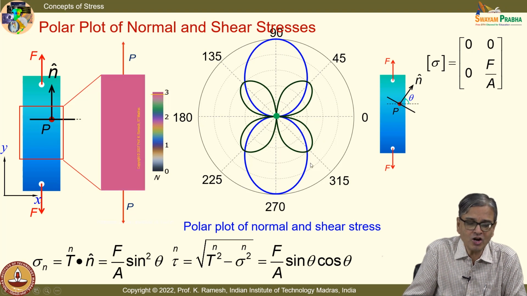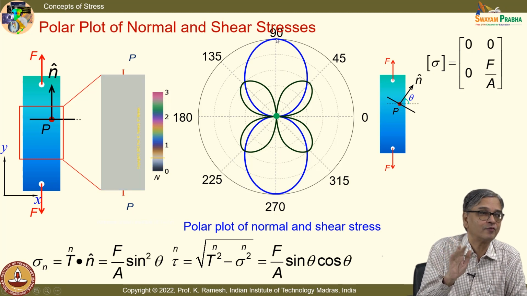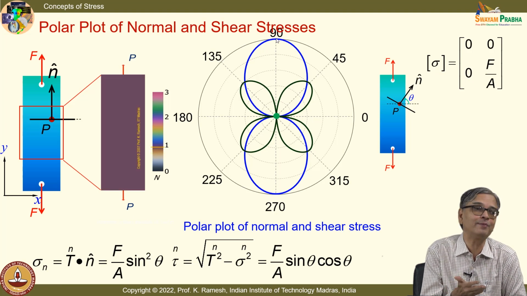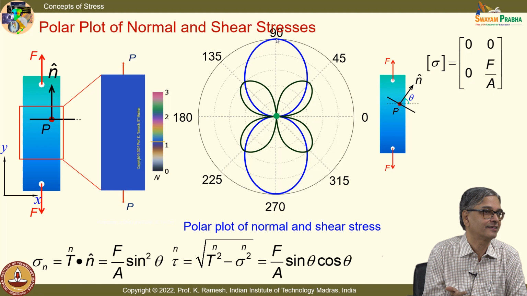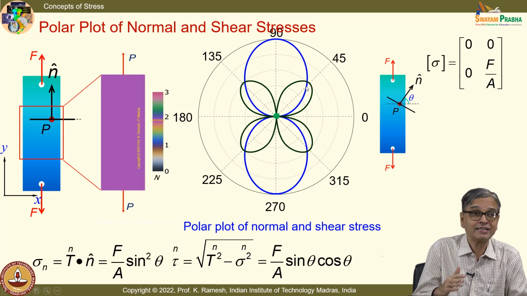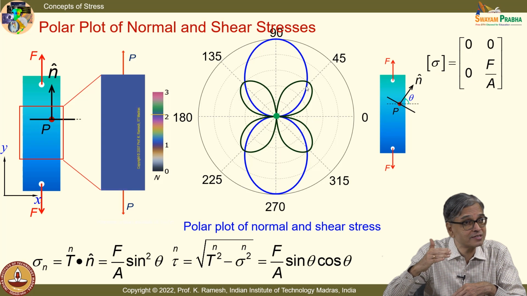So, from the plot I can find out a plane where I will have only normal stress, where the shear is 0. That is evident from this. If you are able to recognize, fine. Suppose I go to a maximum shear stress, that plane also has a normal stress. It is not 0.